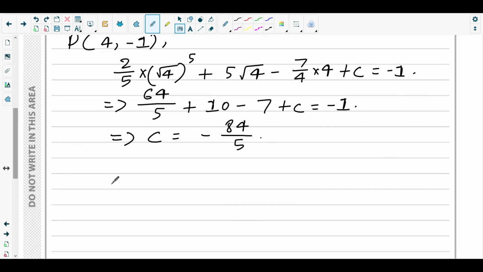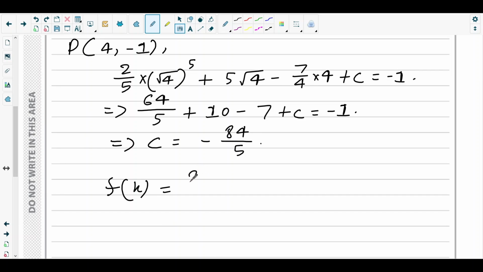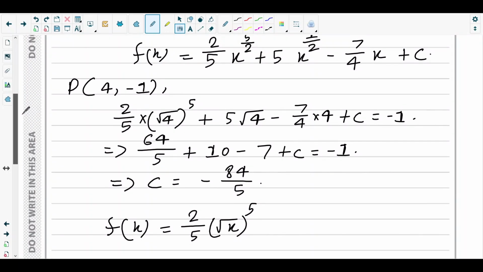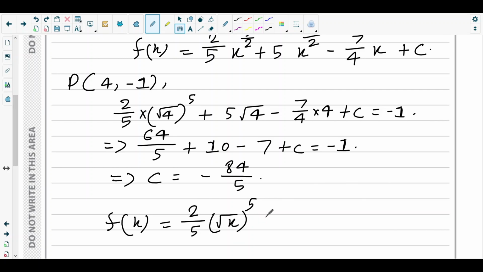So we got the equation for the function f of x: 2 over 5 square root of x to the power 5. x to the power 5 over 2 can be written as square root of x, whole to the power 5, plus 5 square root of x, minus 7 over 4x, and then the value for c is negative 84 over 5.